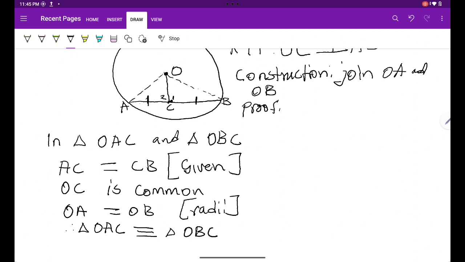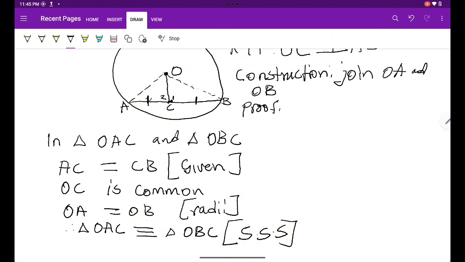Now we have to give a reason. In this case, we looked at this side and that side, and then OC, a common side, OB and OA. So our reason for congruency here is side, side, side. So we looked at all three sides. For more information on conditions for congruency, please watch the video above that deals only with congruency.